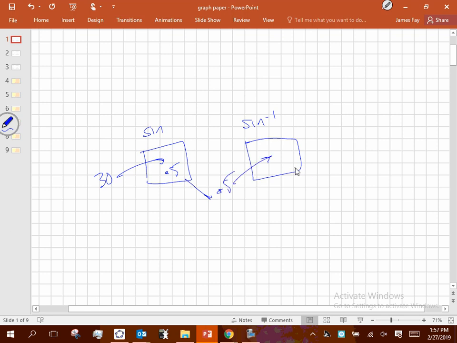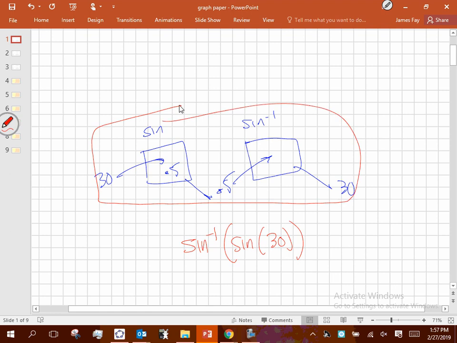And what did that spit back? 30, correct? So the notation that you just used, what we call the sine inverse of sine of 30, is the algebra of creating that procedure. Okay? So sine inverse of sine of 30 gives me back just that 30.